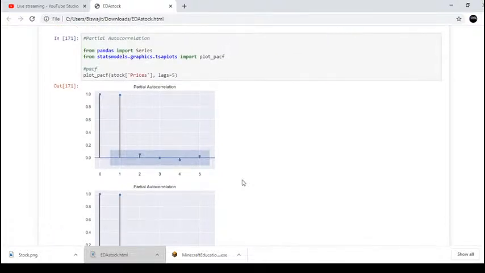For the mean prediction, we use the autoregressive models, the moving average models, or the ARIMA models. For prediction of the standard deviation, the volatility or the variance, whatever you call it, we use models like ARCH or GARCH, GJR-GARCH, EGARCH. These are some of the volatility forecasting time series models that we use.